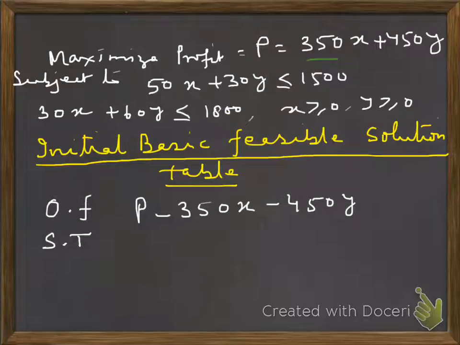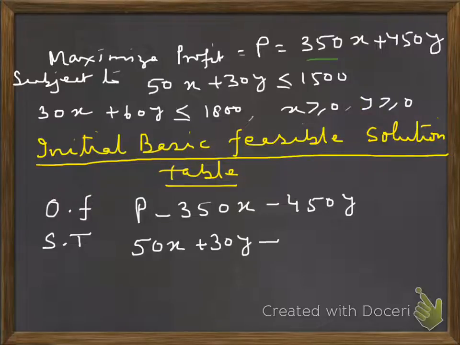they are less than equal to type, we need to convert them to equal to. So we can do it like this: 50x plus 30y, this is less than equal to 1500. So if we add something to 50x plus 30y, then that will become equal to 1500.